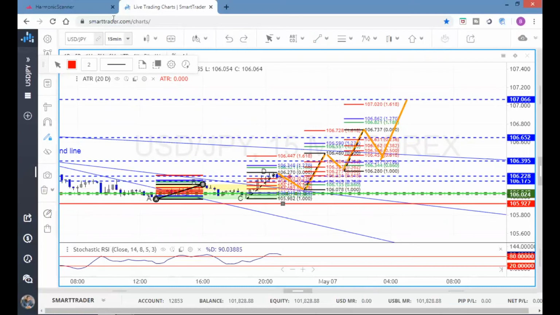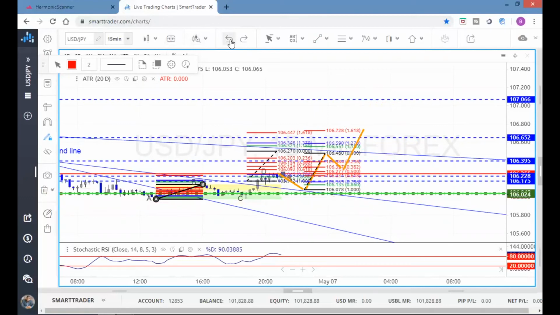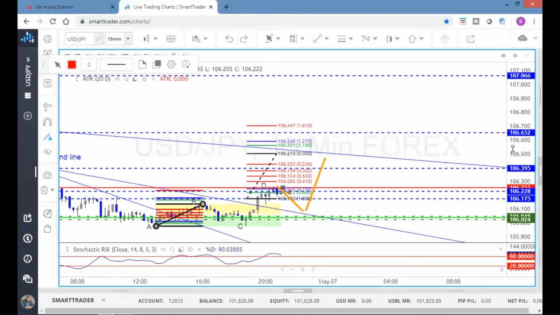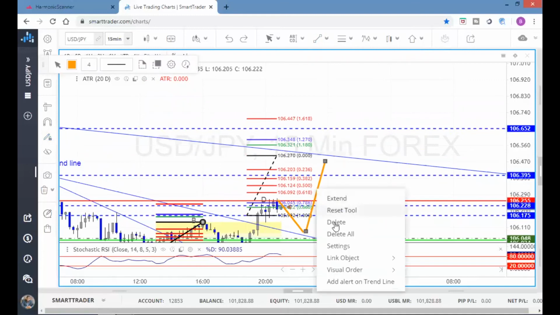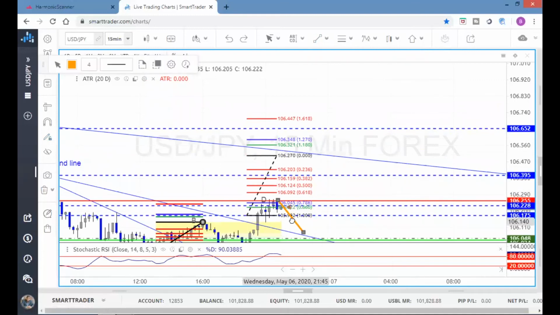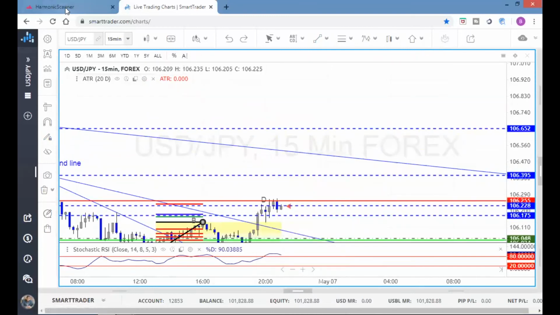So the scanner is going to do the majority of the work for us. All we need to do is understand a few entry techniques, have our strategy down, have our risk management down, and the rest is all taken care of by this scanner.